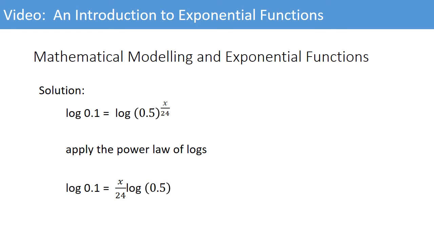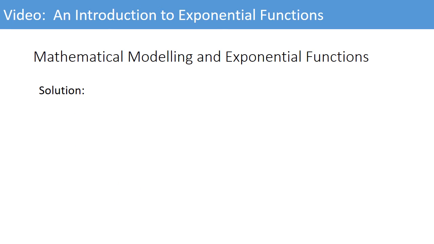The power law simply says you can rewrite the expression with the exponent in front of the log. So we'll have log 0.1 equals x divided by 24 times the log of 0.5. From there, we can take log 0.1 divided by log 0.5, and that's equal to x divided by 24.